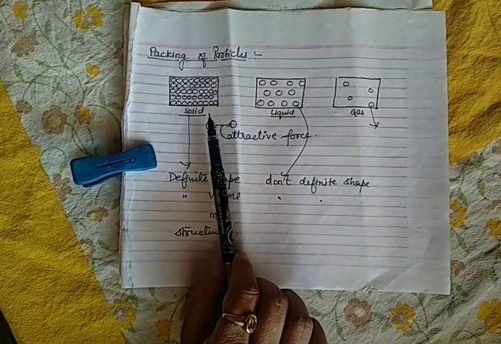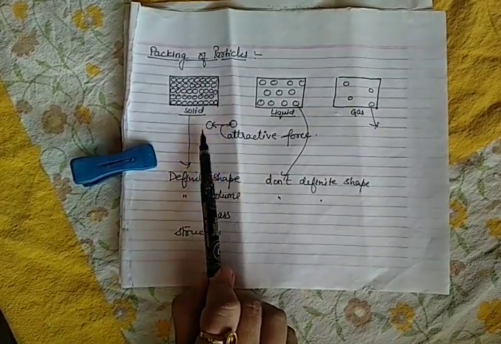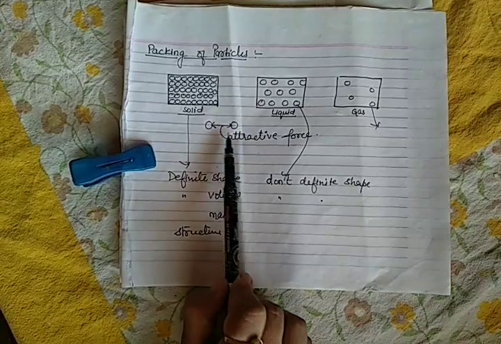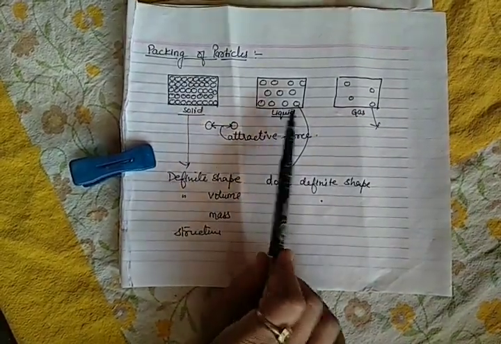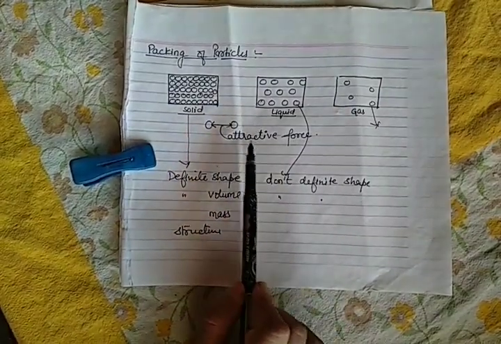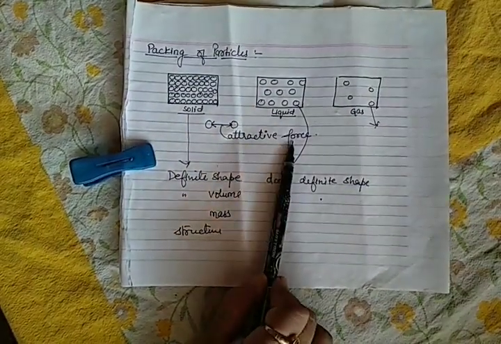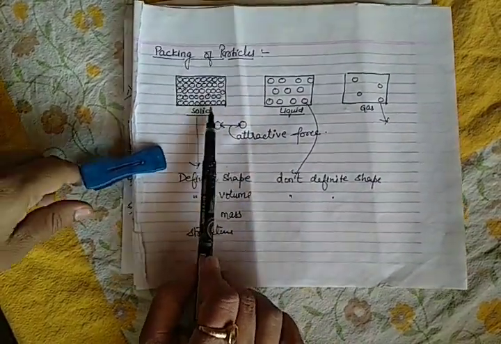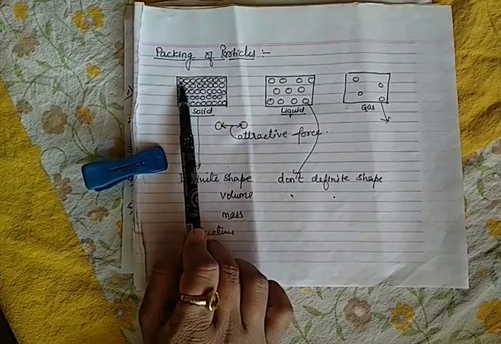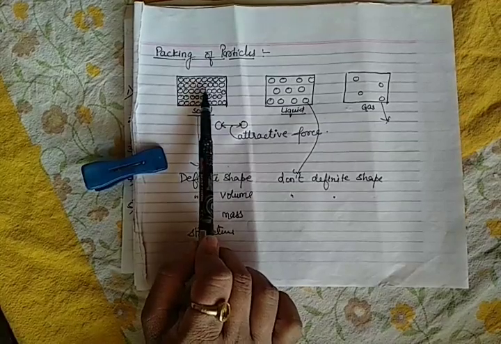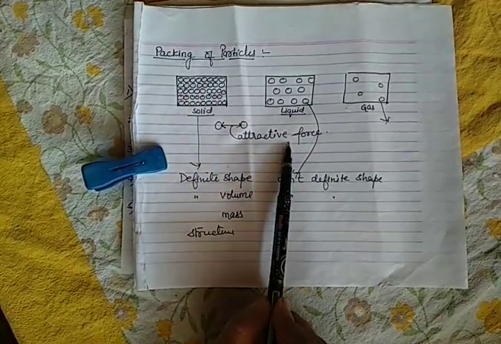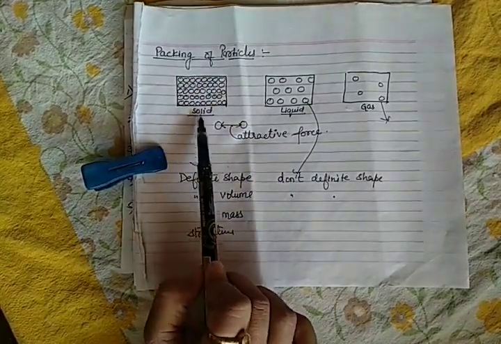Between two particles, you can see in the figure, there exists an attractive force, and whether the matter will be solid, liquid or gas depends upon how strong or weak the force is. In solids, the particles are very close together due to a strong attractive force. So this type of matter is known as solid.